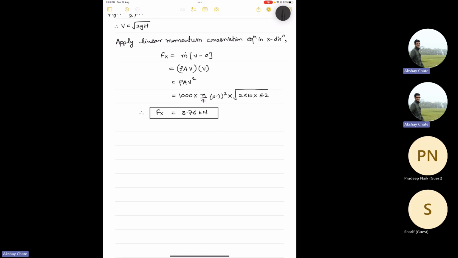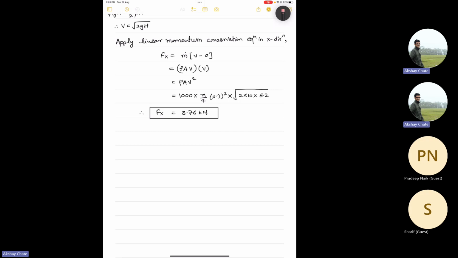So 1 second. Yeah, there is one more variation in this type of questions. 1 second, let me just check. Sorry. So dimensional analysis is there. Pipe flow is there.